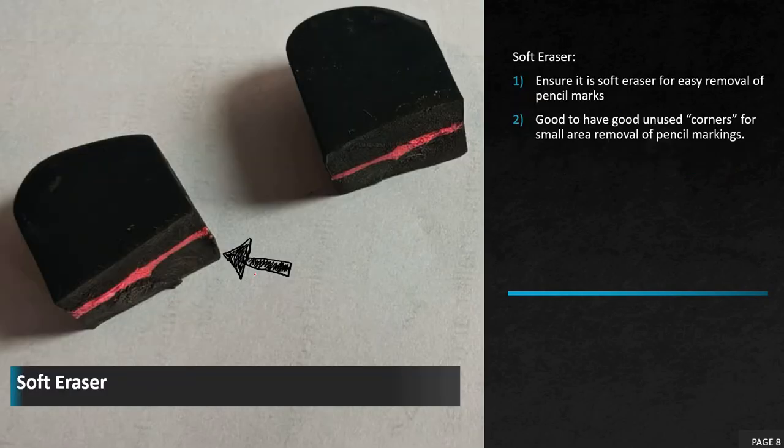How about the eraser? Obviously you must have the soft type, and not those cartoon erasers that you play with. It's those soft type erasers. Make sure you have a new one, that will be very good.